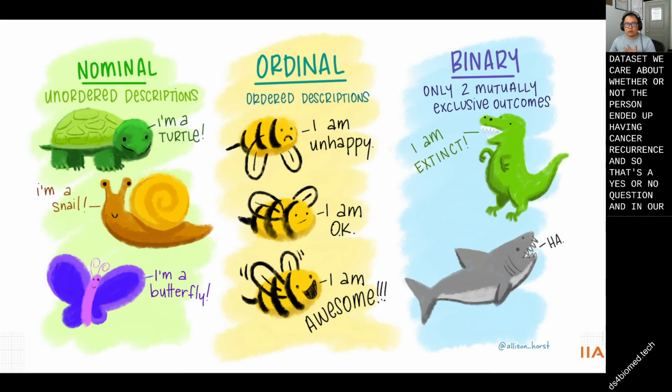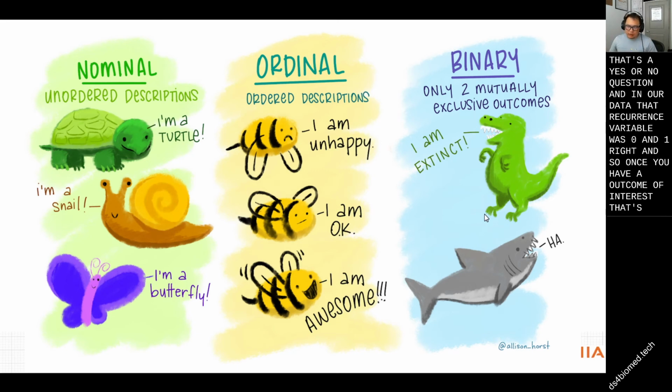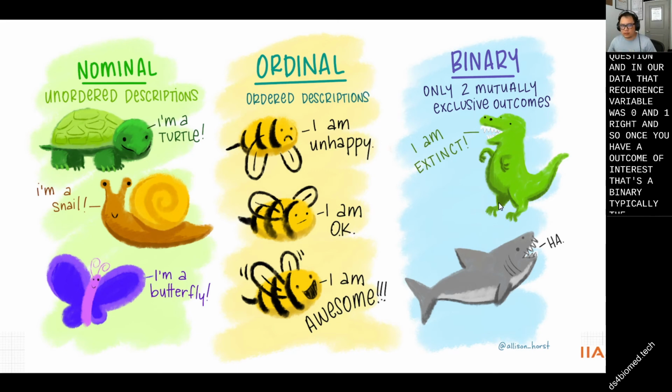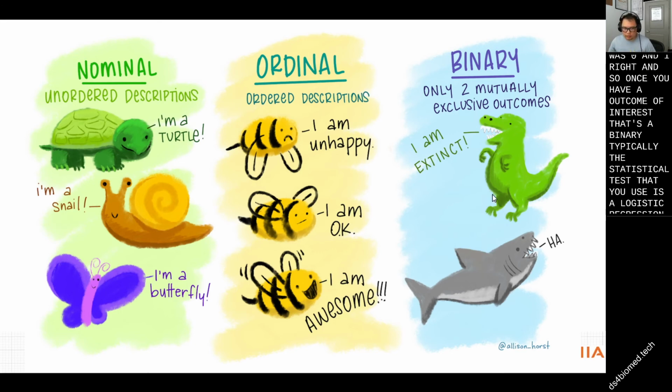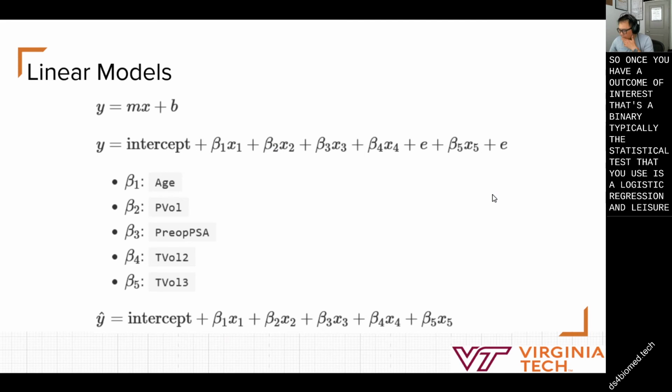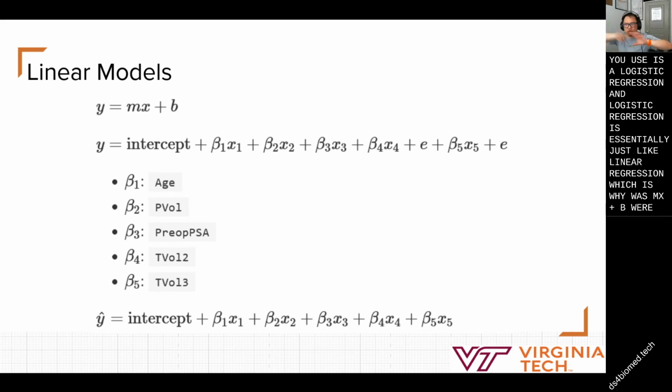And in our data, that recurrence variable was 0 and 1, right? Once you have an outcome of interest that's binary, typically the statistical test that you use is a logistic regression. And logistic regression is essentially just like linear regression, which is y equals mx plus b, where you draw a line through a set of points.